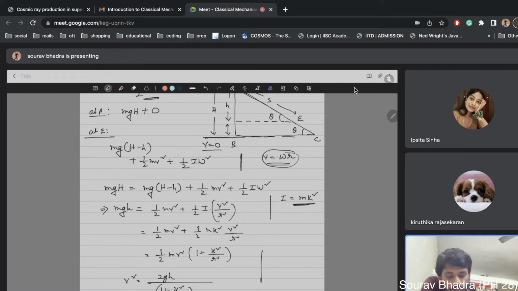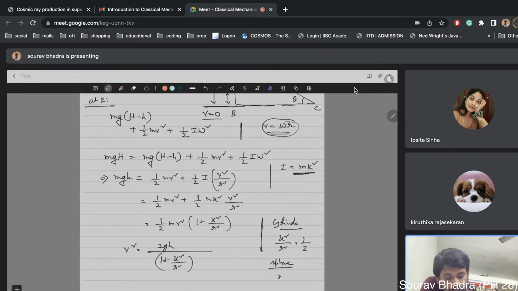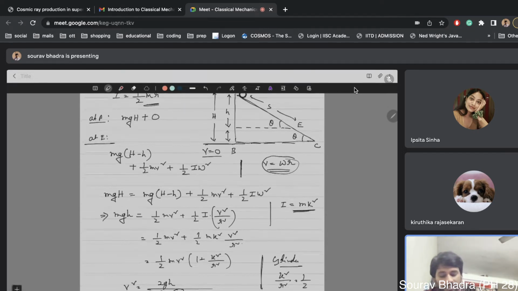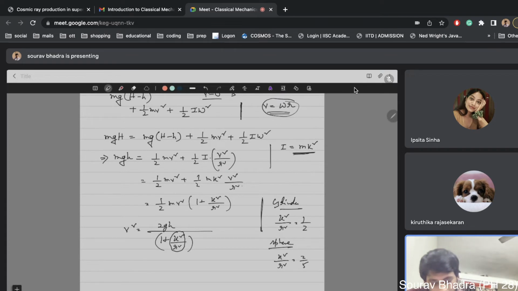If it is your cylinder, then your k square by r square is half. For a sphere, your k square by r square equals 2 by 5. So if you just substitute the value according to your body, you can get the velocity, which will be the velocity at point E after time t. So this is v.